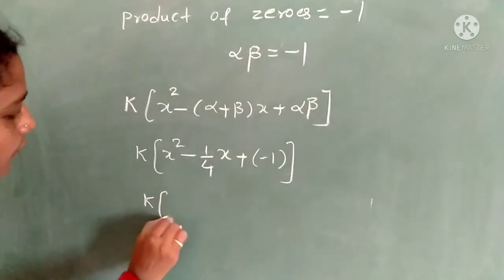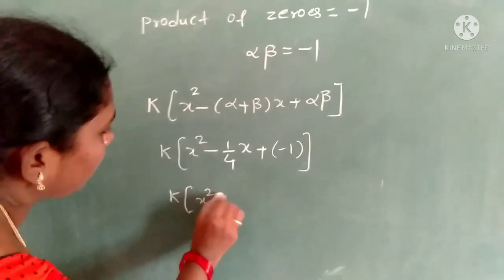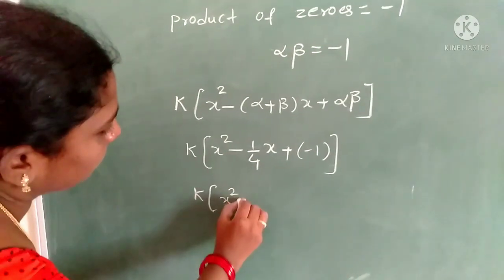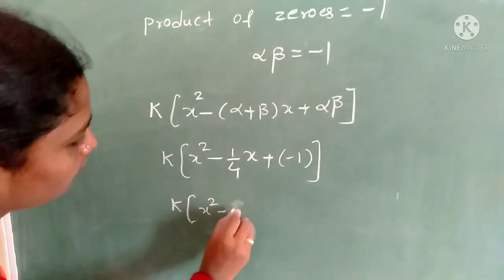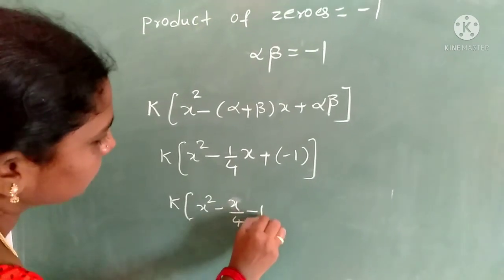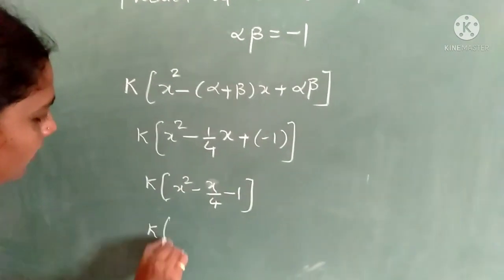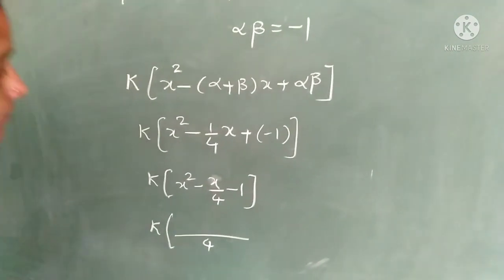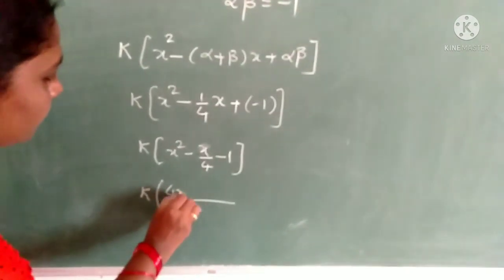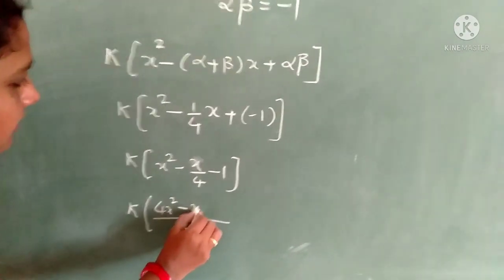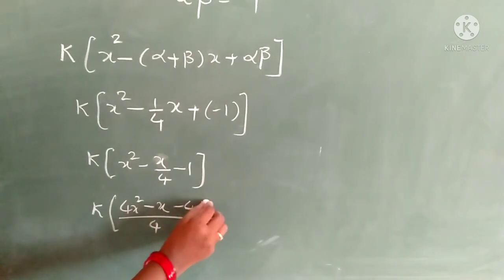Next, we simplify the polynomial: x square minus x by 4 minus 1. Next, k into LCM, so 4x square minus x minus 4.